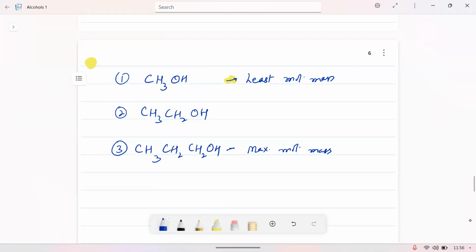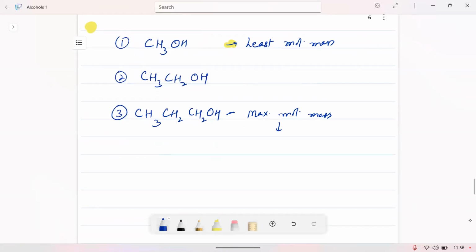Why? Because this one has only one carbon atom. So that this will lead to maximum surface area, and we know the surface area is related to more van der Waals forces or London forces.